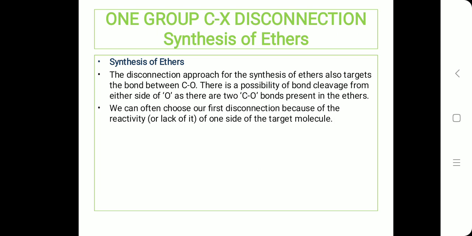We can often choose our first disconnection because of the reactivity or lack of it of one side of the target molecule. So in ether, it's an example where we can sometimes get confused about which side of the C-O bond we have to disconnect. For that, I'm going to explain it with some examples.